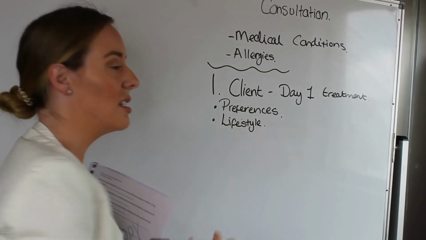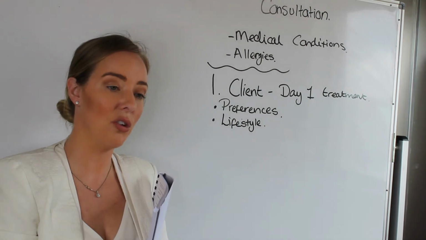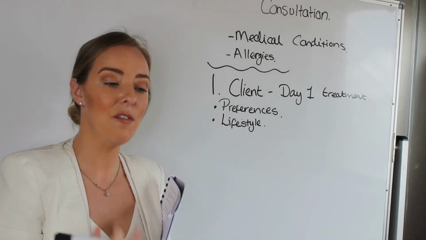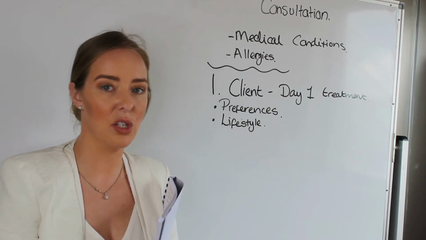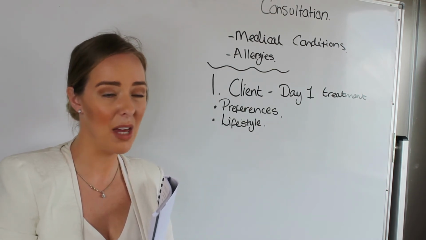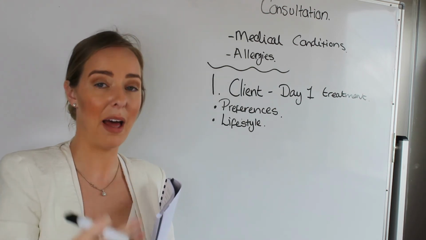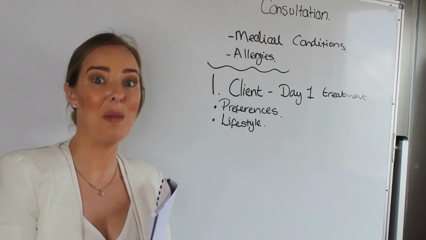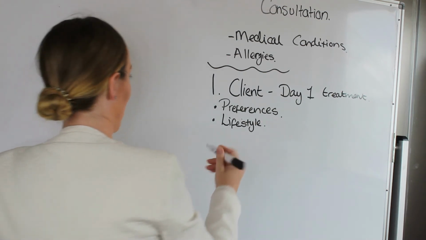The reason that you need to know her lifestyle choices when you're going through a treatment plan is because if your client's a swimmer, that could actually interact with the treatment that you're providing and make her treatment not last as long. So she might need to come back a little bit more often to maintain the results. So lifestyle is really, really important.